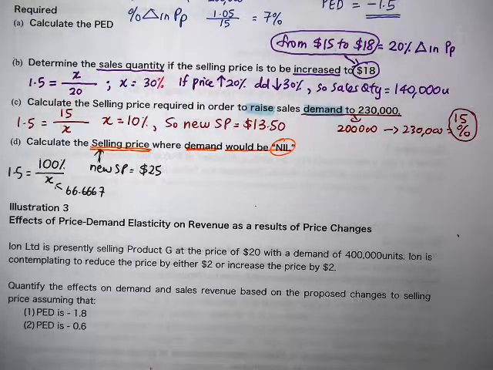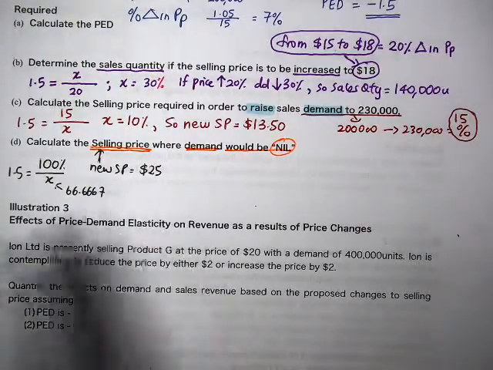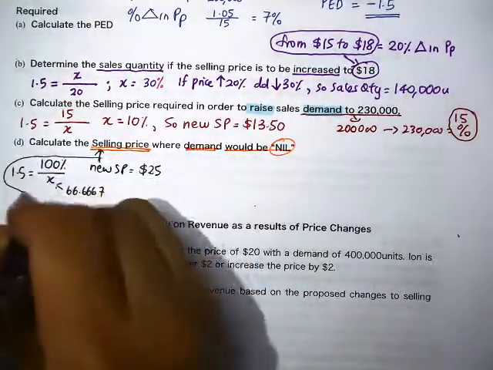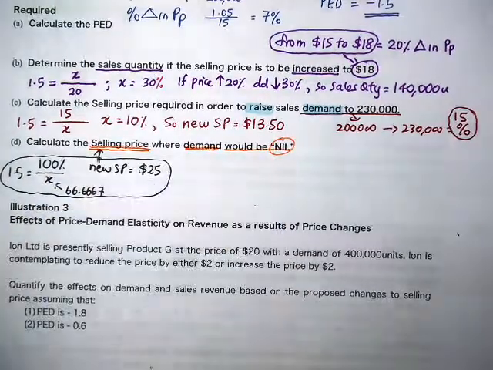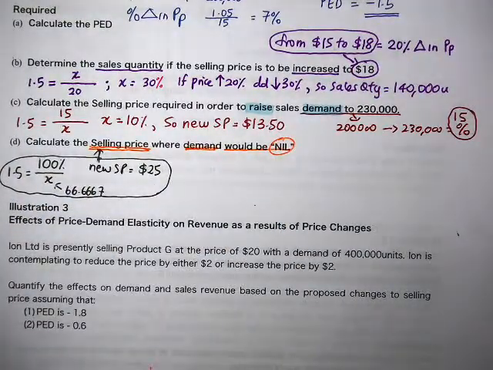So if this product you put $25, you cannot sell even a unit. You have no more demand already. People won't buy. Okay, that's what we understand from PED. Now if you are using PED to calculate, this is what you can do. At the same time, I would like to share a different way of calculating, which you will learn later.